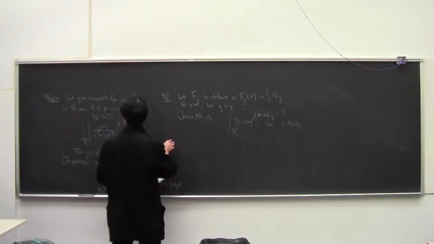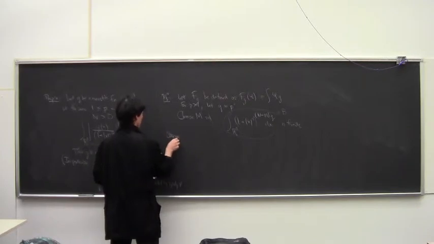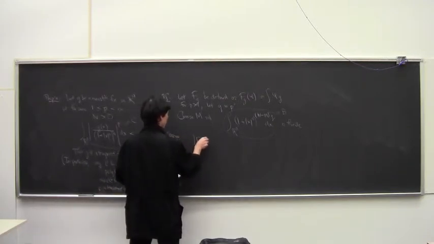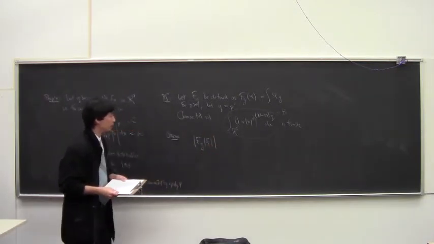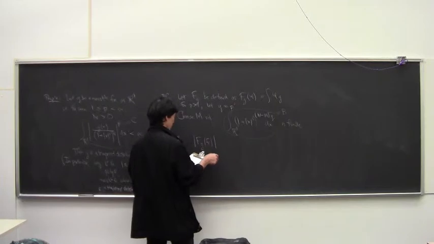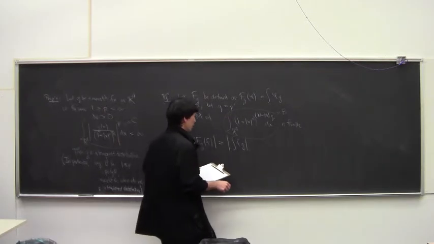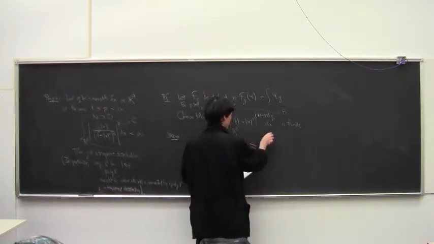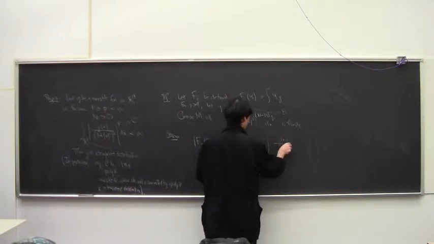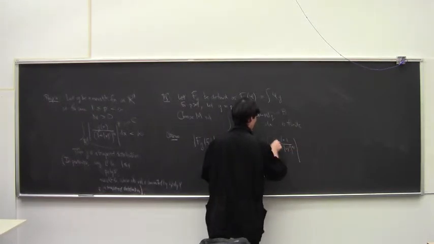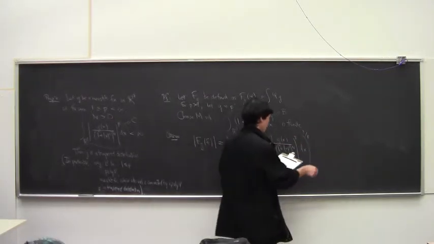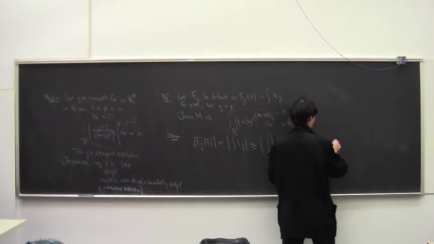Then observe. We consider this. Well, by Holder's inequality, this is controlled by the L^p norm of g over (1 plus |x| squared) to the n, times the L^q norm of the other guy.